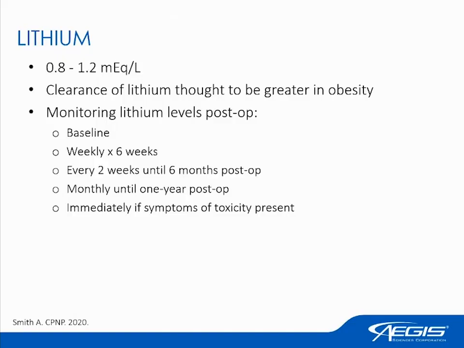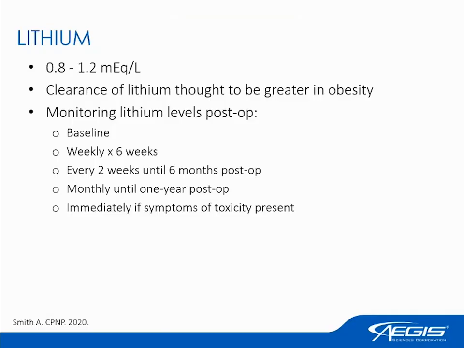Lithium, this is a frequently used mood stabilizer for the treatment of bipolar disorder, has a very narrow therapeutic window, meaning that there is a very small window where it can be safe.